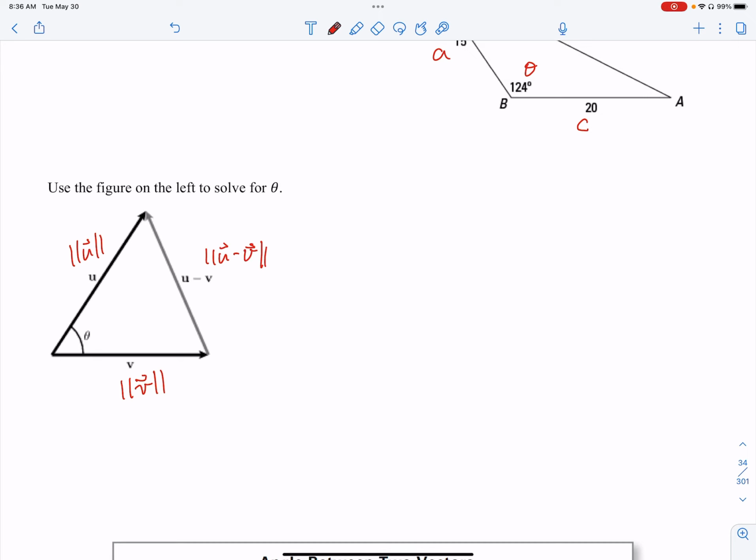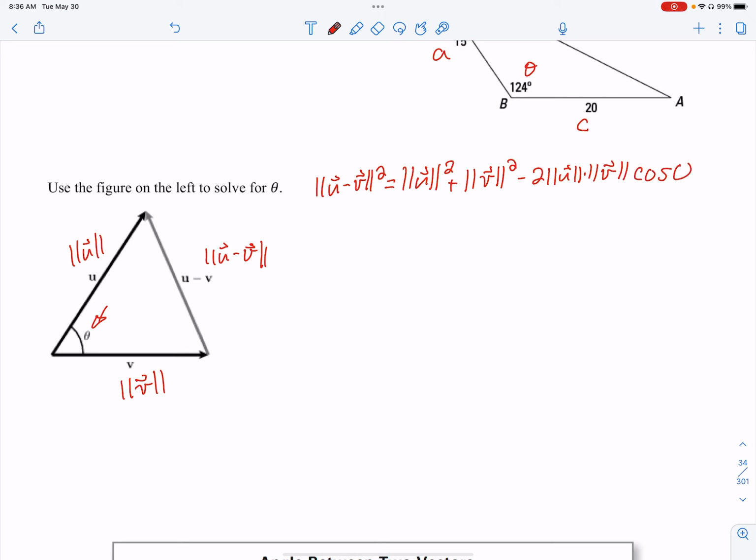Our goal here is to solve for this theta, to find an angle between two vectors. So this would be my law of cosines: the magnitude of u minus v squared equals the magnitude of u squared plus the magnitude of v squared minus 2 times the magnitude of u times the magnitude of v cosine theta.